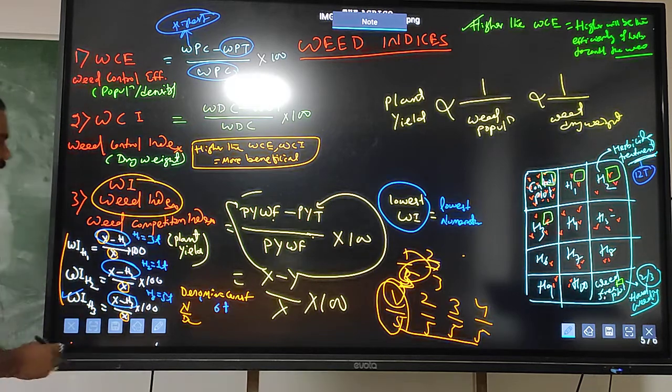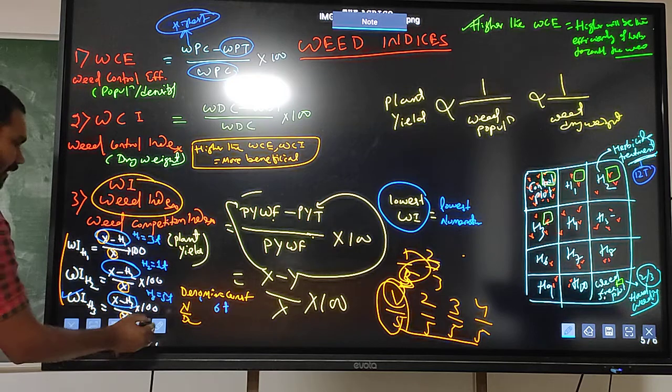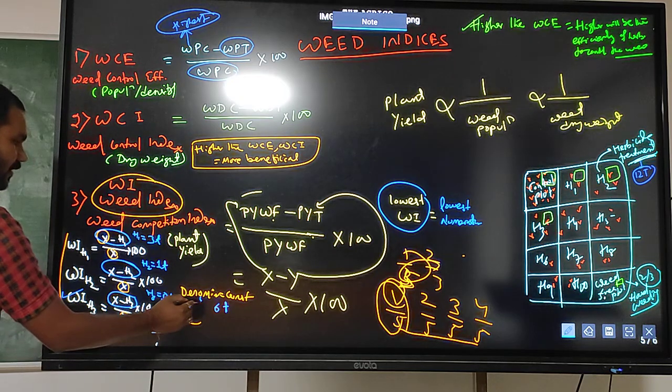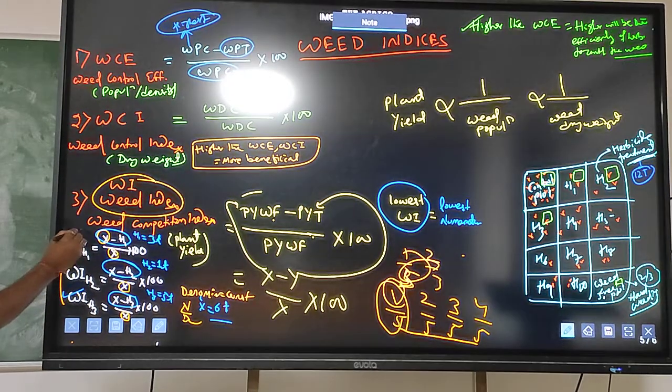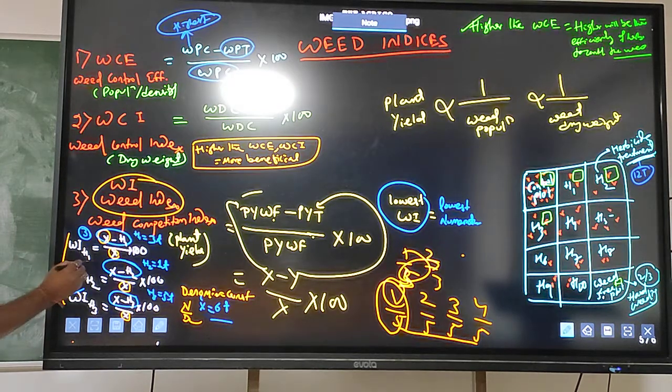So x is 6 ton. The difference here is 6 minus 3, which is 3. Here it is 6 minus 1, which is 5. Here it is 6 minus 5, which is 1.